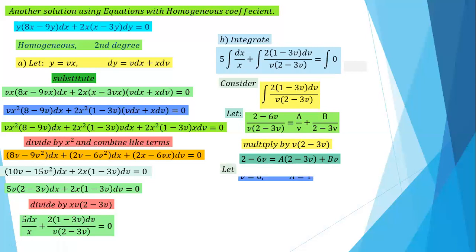Then we let v equal to 0. So if v equals 0, then what is left is 2 equals 2A, or A is equal to 1. And if we let 2 minus 3v equals 0, our v is equal to 2 over 3. Substituting to the equation, then we have B equals negative 3.